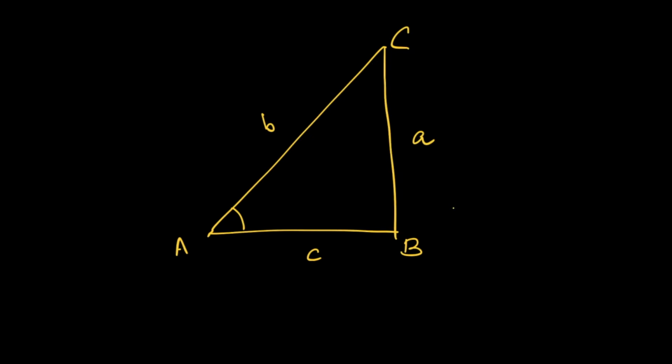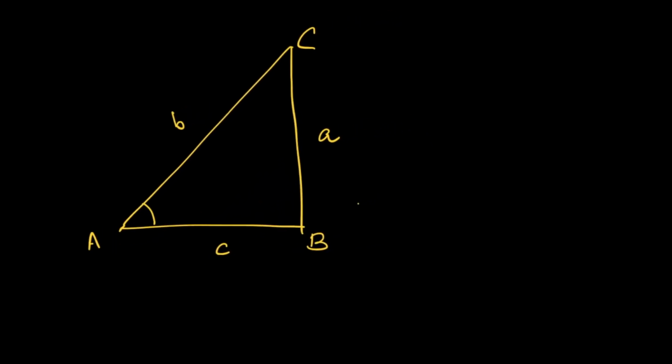It is the side opposite to angle B. So AB is the side adjacent to angle A, BC is the side opposite to angle A, and AC is the hypotenuse. Now let's try to define the trigonometric ratios.